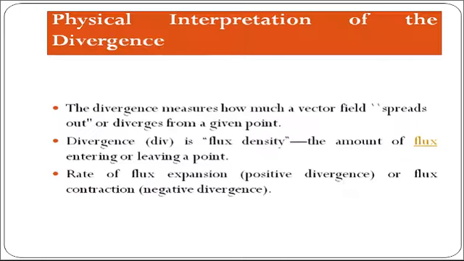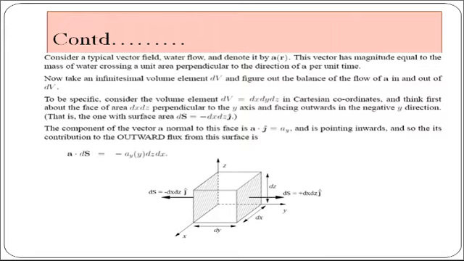Now mathematically we can also prove it by considering a water flow denoted by A, a vector whose magnitude equals the mass of water crossing a unit area perpendicular to the direction of A per unit time. Now take an infinitesimal volume element dV and figure out the balance of the flow in and out of dV.